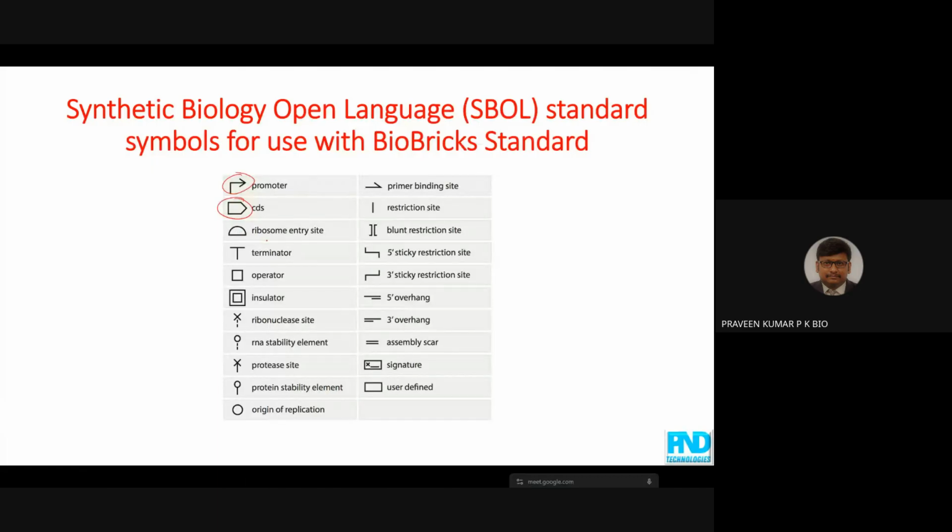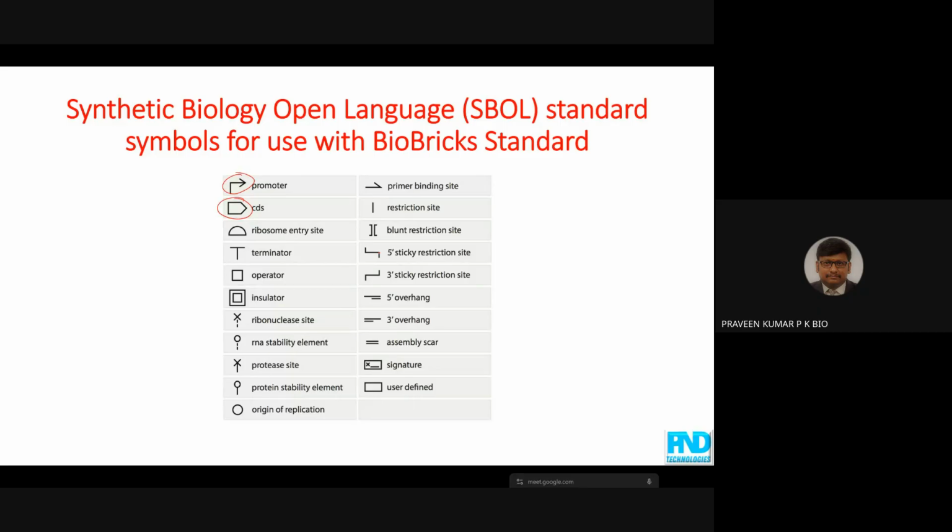Similarly, for the ribosome entry site. If you open genes in any of the visualizers, especially the Synthetic Biology Open Language visualizers, you can find the parts of a gene in these symbols. So it is easier to identify.